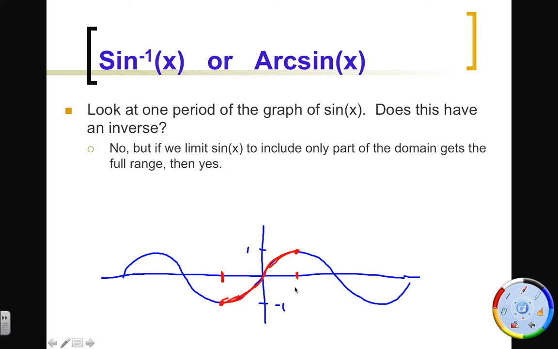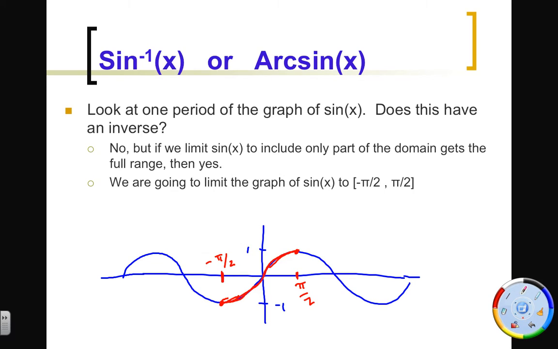And I hope you know that this is pi halves and this is -pi halves. So we're going to limit this graph of sine of x down to -pi halves to +pi halves. And I'm going to get rid of that, and I'm going to get rid of that. And we're going to limit it to just this portion of the sine curve.